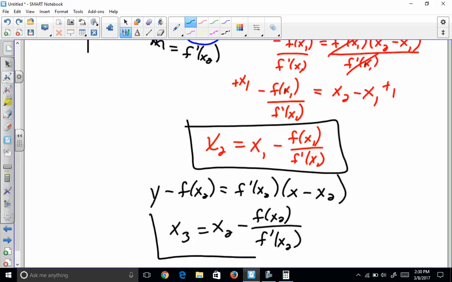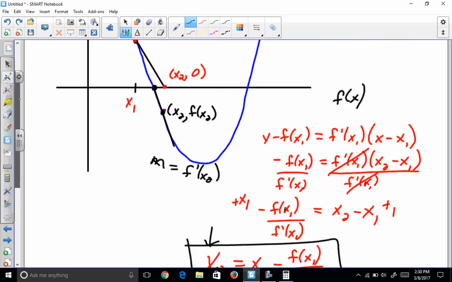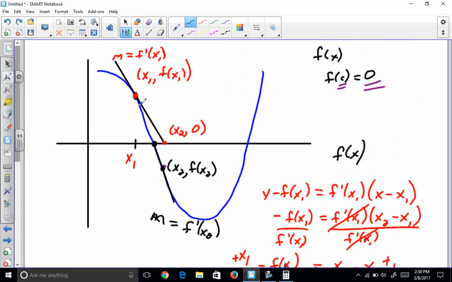So notice, if we have an initial value and subtract the ratio of the function at that value over the slope of that value, that gives us a new approximation. So we have an initial guess. We basically come up with a linear function that approximates our regular function and find its 0.